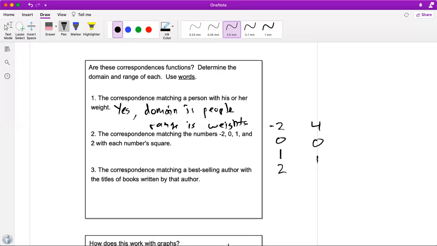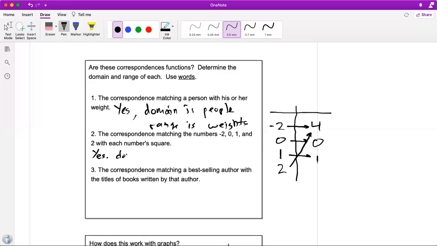I don't have to write 4 again in the range, since I've already got it. In general, we don't want these numbers to repeat. So this corresponds here, this here, this here, and this there. Like we said before, it's okay if two domain values go to the same range value, as long as one domain value doesn't go to two range values. So this is a function.